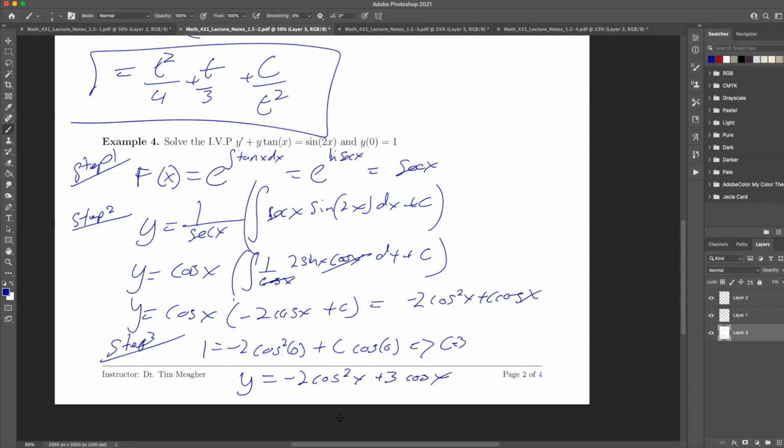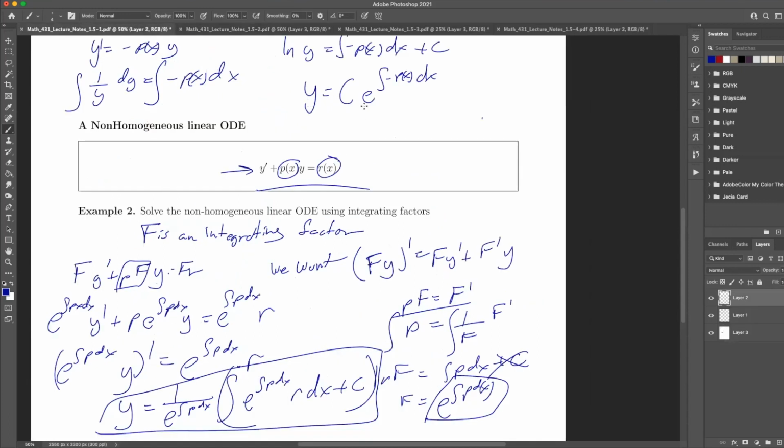So if it's linear, you should be able to solve it quite quickly, actually. If it's homogeneous, the answer is just y equals c e to the minus px, right?